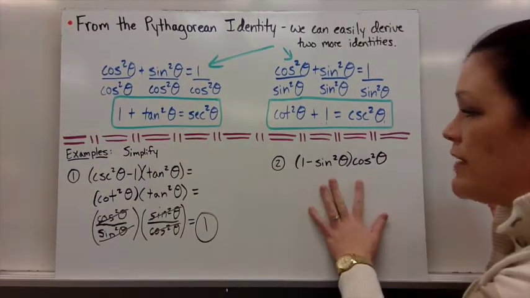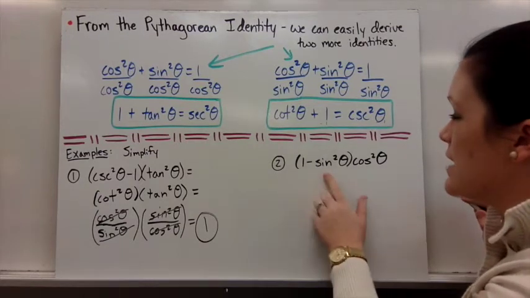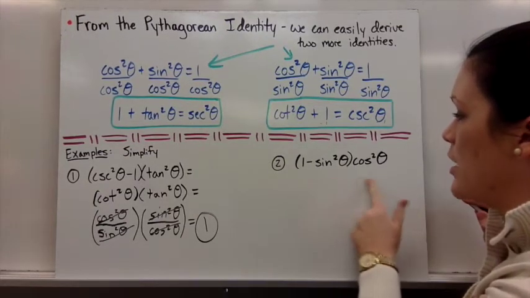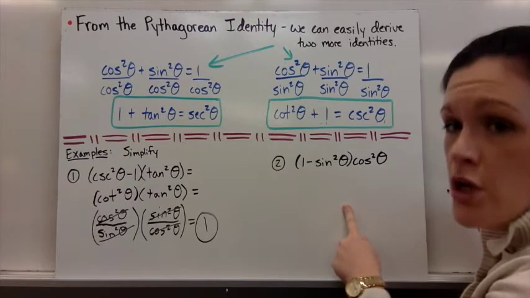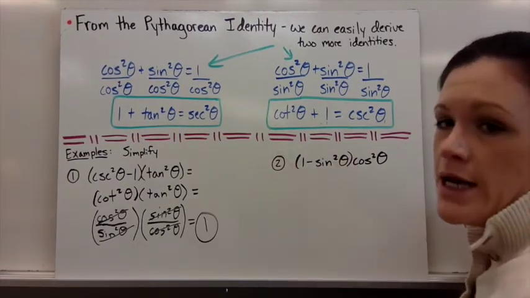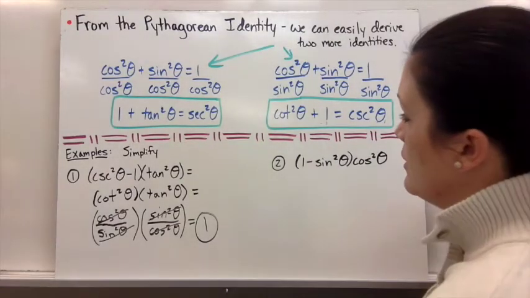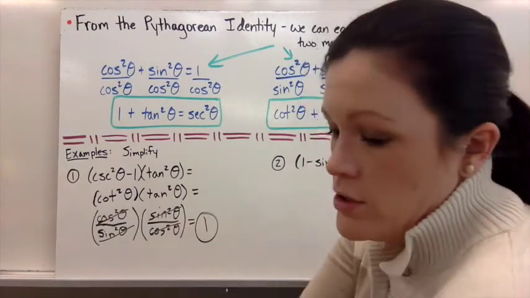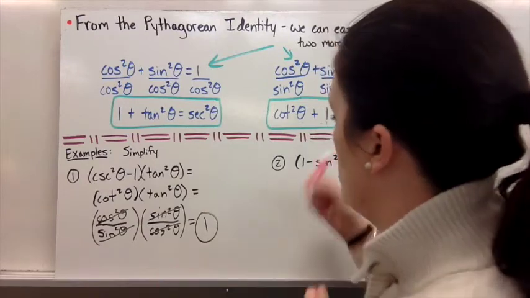I just want to simplify this expression. I already have sine and cosine, but I need to help clean this up a little further. 1 minus sine squared theta comes from the Pythagorean identity that we looked at on the first board. So let me get a different color to write this over here on this side.